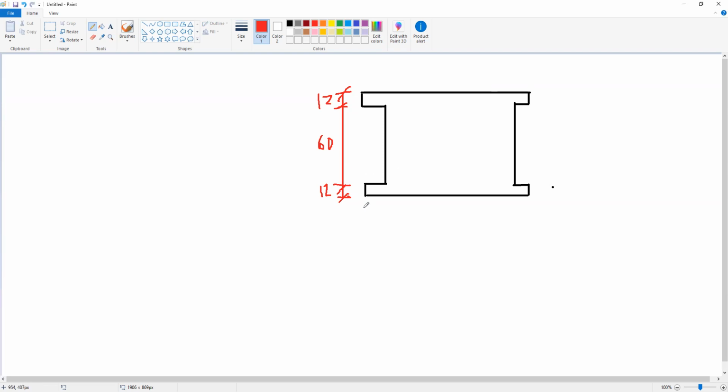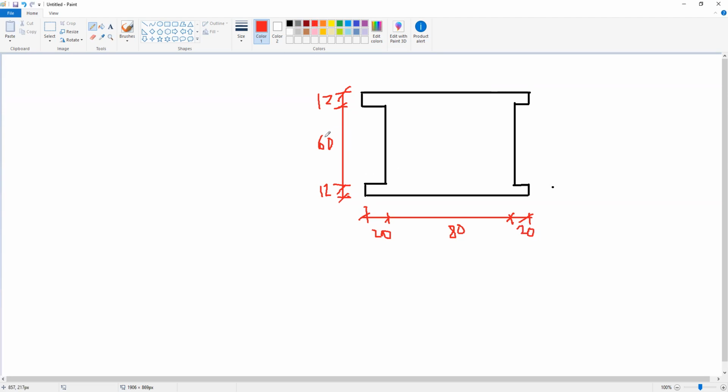And the dimensions here are 20 millimeter, 80 millimeter, 80 millimeter, and 20 millimeter.